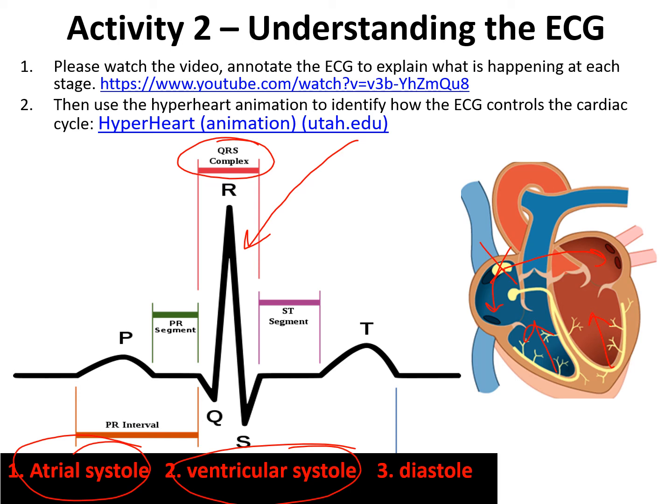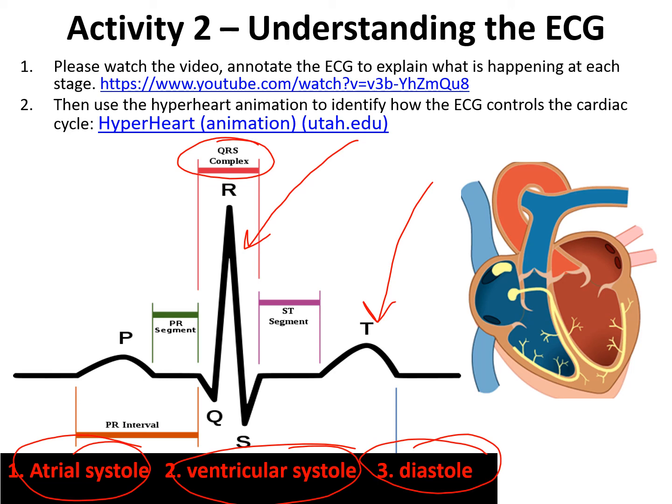And then finally, we know that the heart is going to move into diastole, is going to relax, and we can see that here by the T wave. The T wave is the repolarization of the heart, and again that's going to lead to the heart muscle completely relaxing, so all of the heart is going to be in diastole at this point.